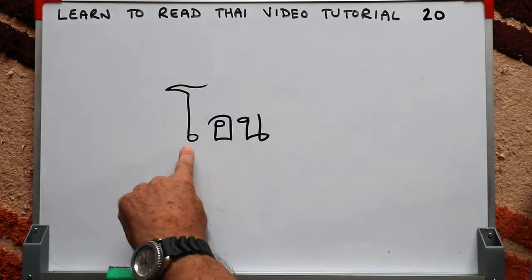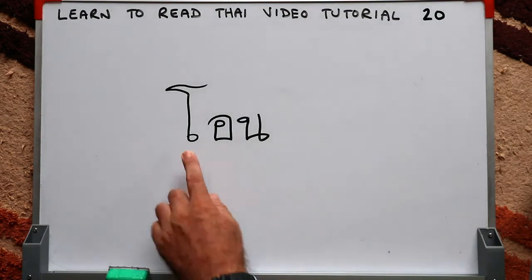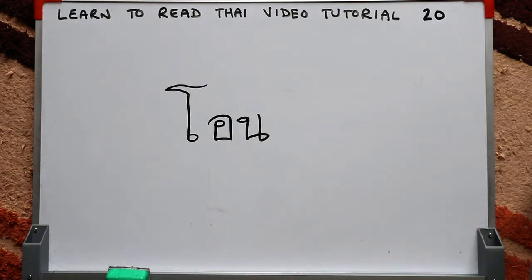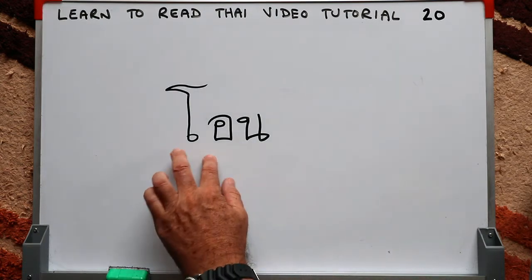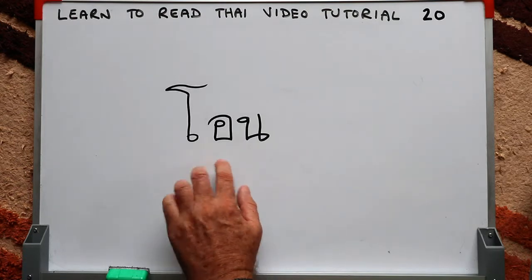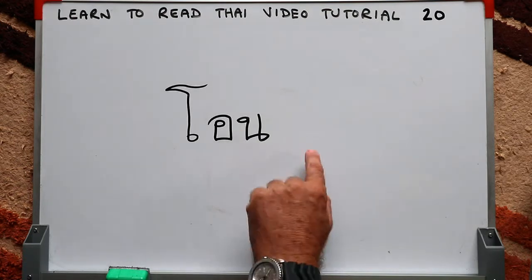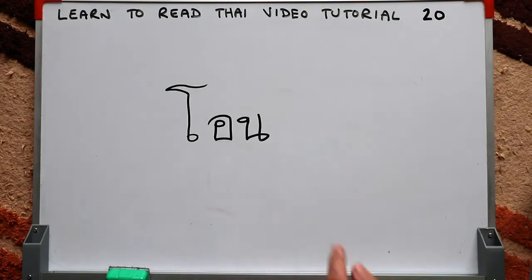So what we have is the sara o vowel, and in this word we have to write an initial consonant, but we don't want an initial consonant sound, so we just use this silent zero consonant, and our final consonant is the nor nuu, n sound. โอน. And that word means transfer, as to transfer money.